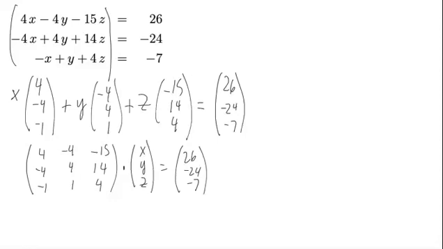Okay, so we proceed by simply writing out all of these columns together, including this one, because we're going to perform a linear transformation, which is a row operation, to all of them at the same time. -4, 4, 1, -15, 14, 4, 26, -24, -7. And we just want to go just as far as we need to in order to see an easy example of what the scalars x, y, and z could be.